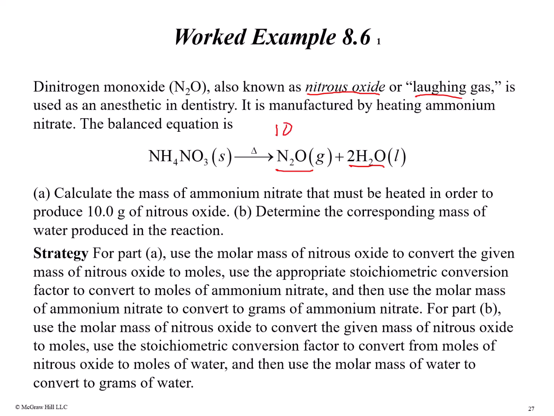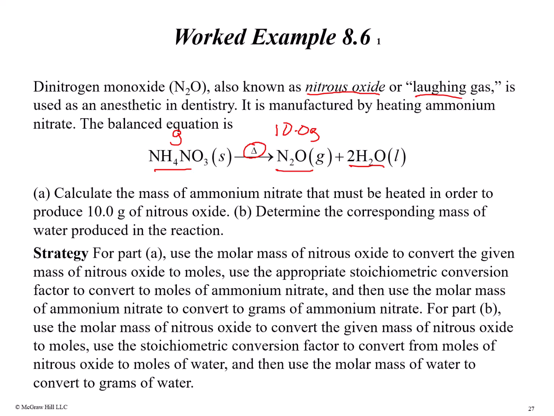So the question is, how many grams of ammonium nitrate do I need to heat up to get 10 grams of nitrous oxide? And again, there's our symbol there that talks about heat. So ammonium nitrate is our reactant. Our products are nitrous oxide, or dinitrogen monoxide, and water, but we're interested in the nitrous oxide. So you've got to come up with your plan of action.